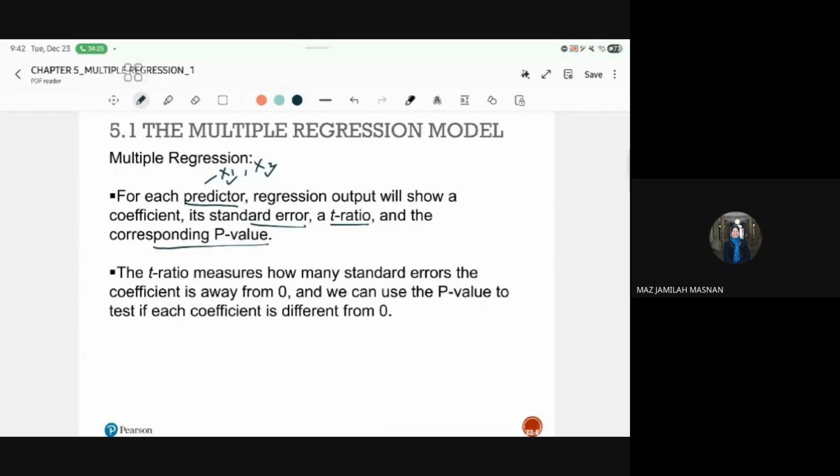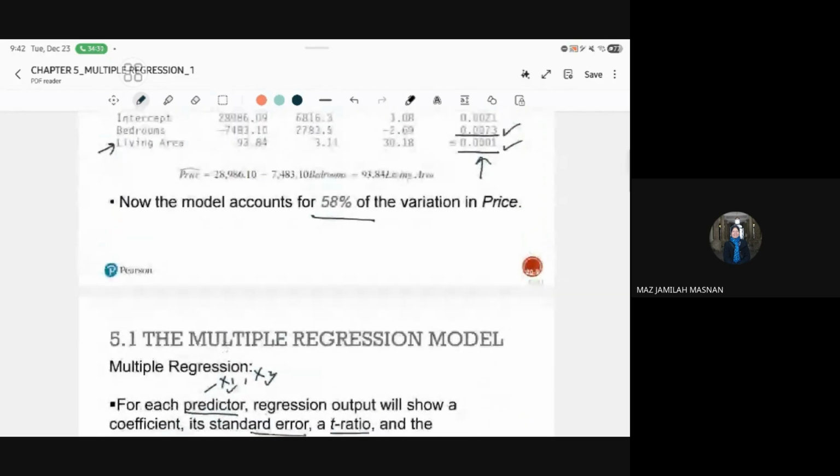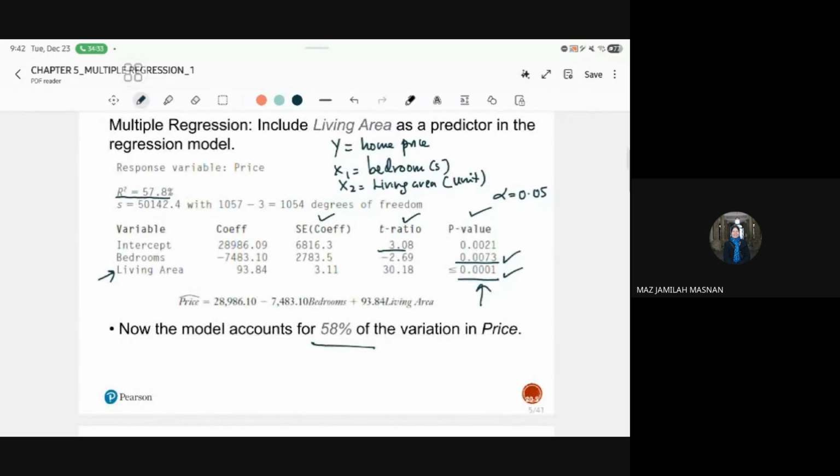The T ratio measures how many standard errors the coefficient is away from zero. If it is further away from zero, it means that it is bigger, either negatively or positively.